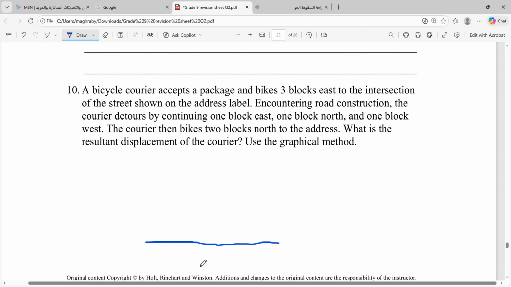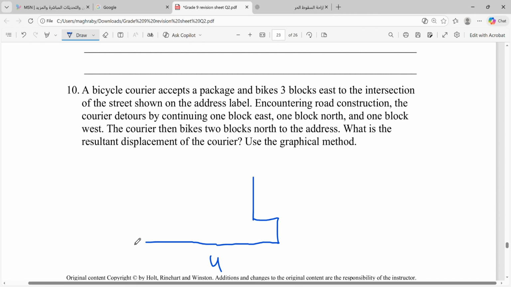So these are 4 blocks. Then 1 block north. Then 1 block west. Then 2 blocks north.